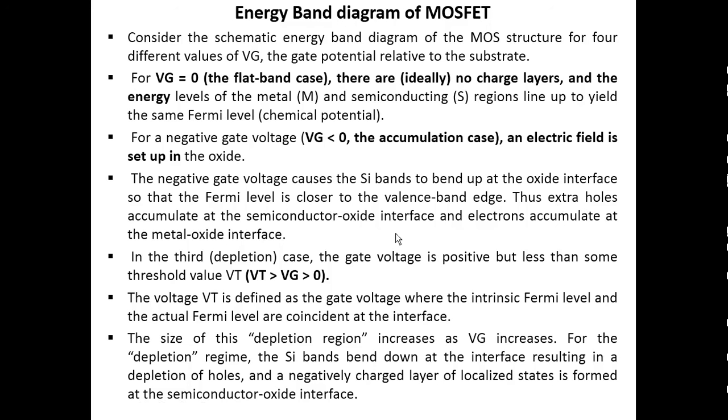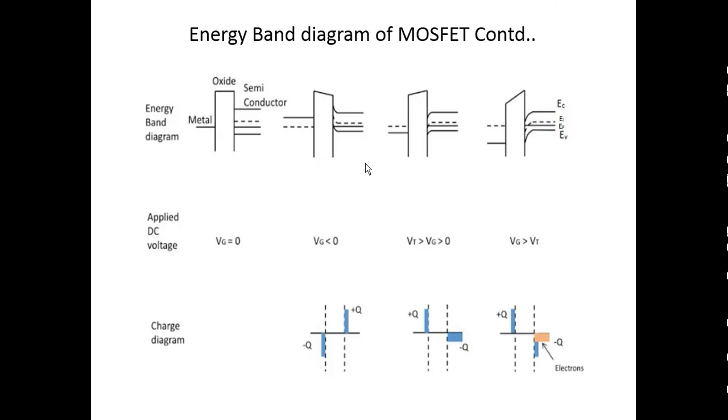At the metal oxide interface, this is the metal, electrons accumulate, and at the semiconductor interface the holes are accumulated.